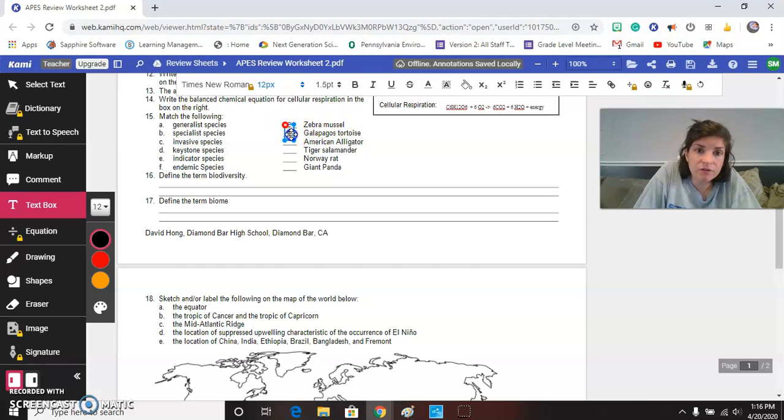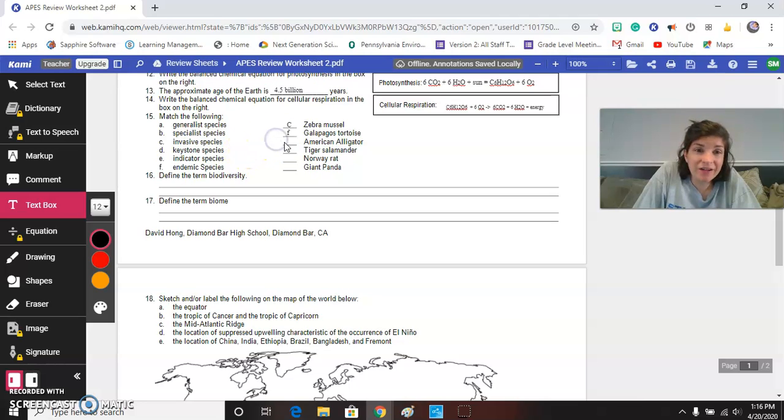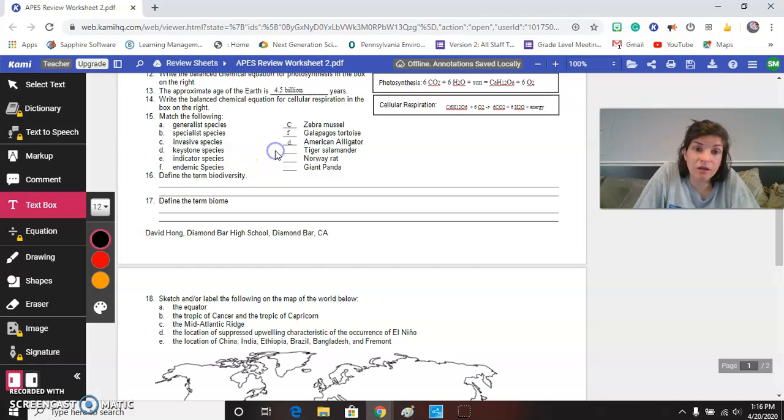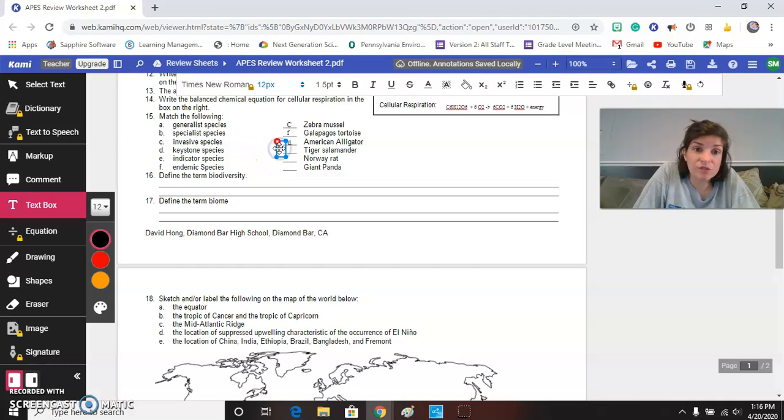American alligator. That's going to be probably a keystone species. They are actually kind of cool in that way. They create little homes because they dig little nests for themselves.